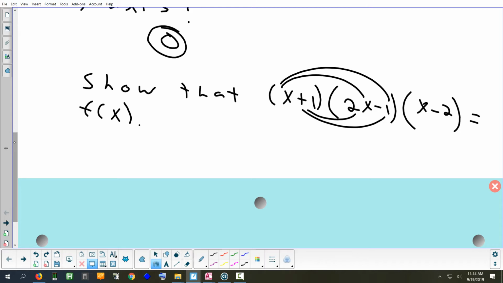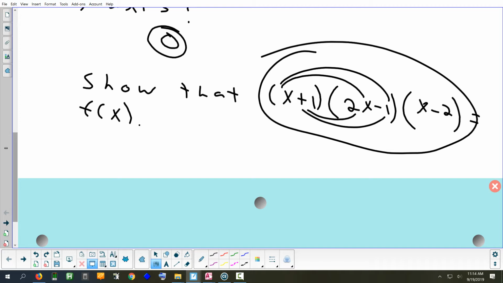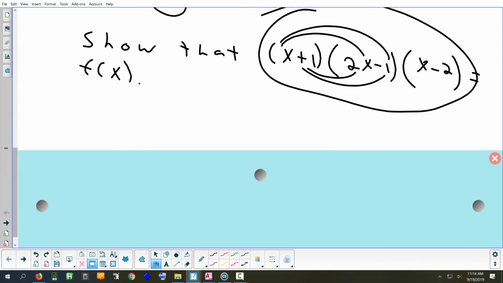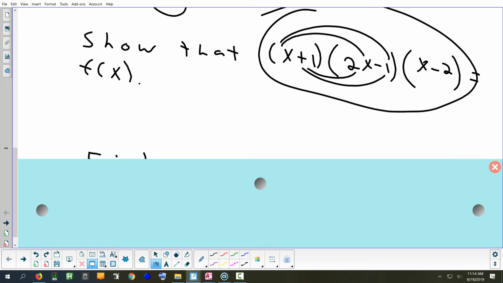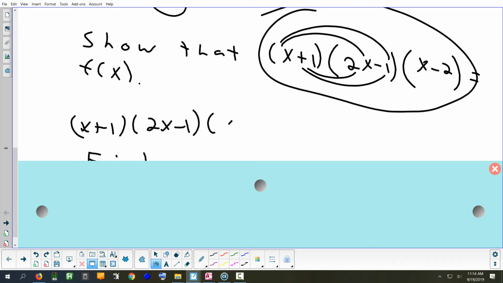If you want to figure out where this graph crosses the x-axis, it's better to write it this way. Because what did we just say? Where a graph crosses the x-axis, the y value is what? 0. So if you take this equation we have right there, x plus 1, 2x minus 1, x minus 2, there's your formula.